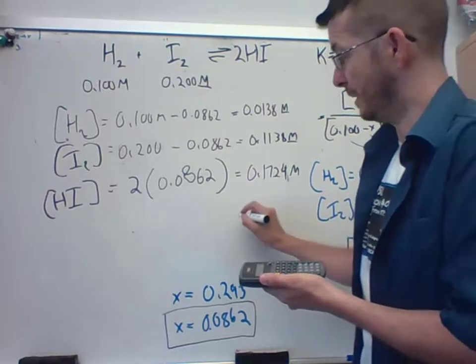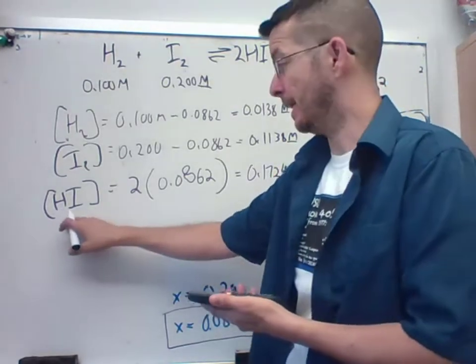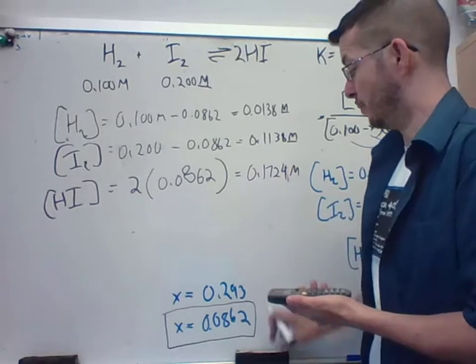And so at equilibrium, we get an equilibrium concentration of HI equal to about 0.174 molar.